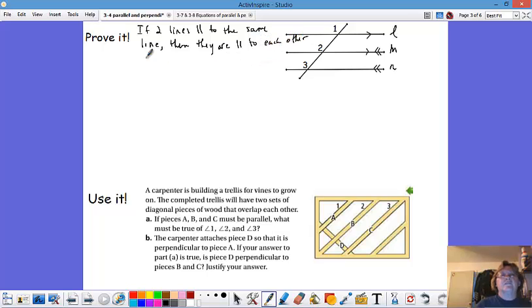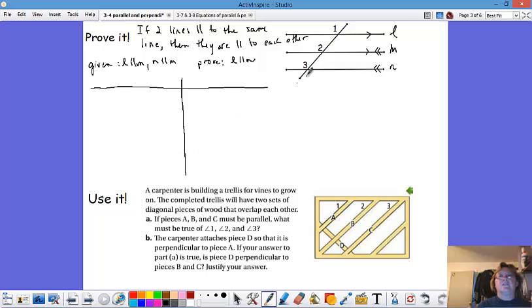And in terms of writing the given information, what we have is that L is parallel to M and N is parallel to M. What we want to prove is that that makes L parallel to N in our diagram. And I think that we can do that with the corresponding angles that are shown.